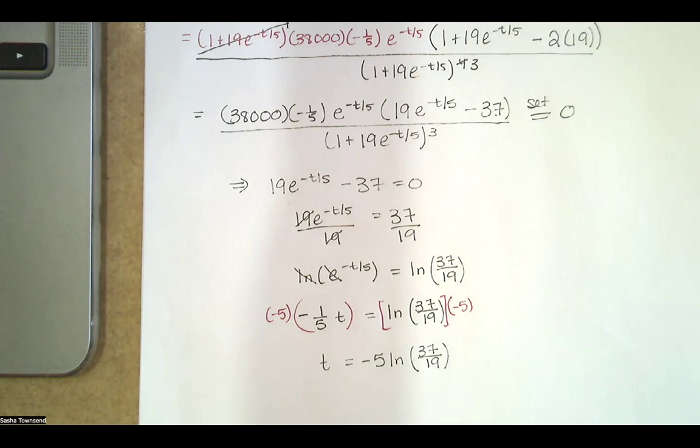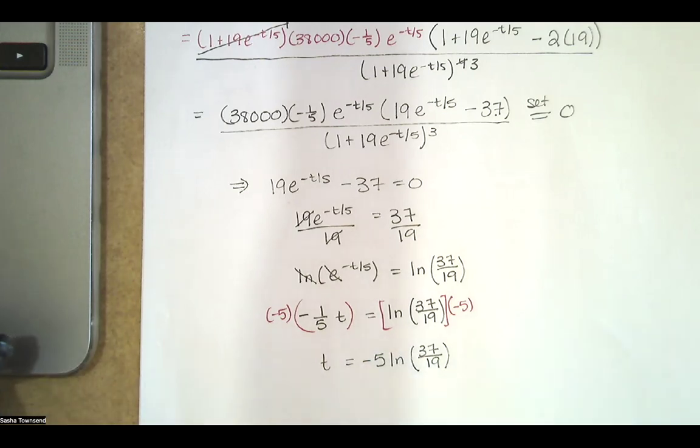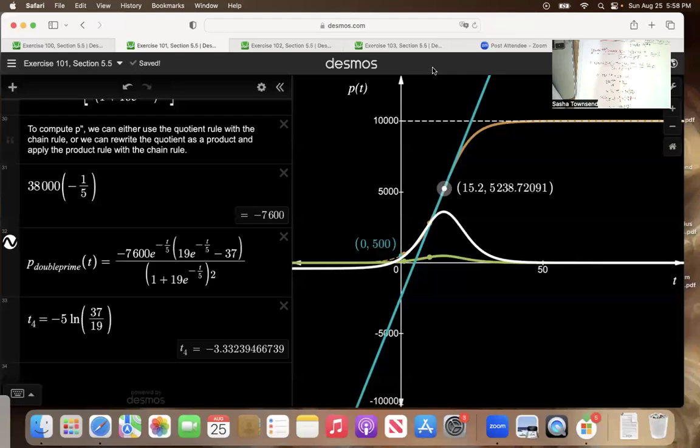I feel like I must have made a mistake. Because this is going to be greater than 1, and then I'm multiplying by -5. That doesn't seem right. So it looks like I made an algebra error.